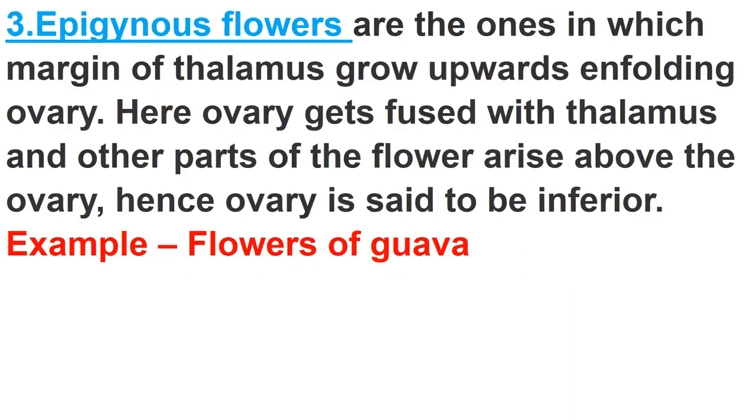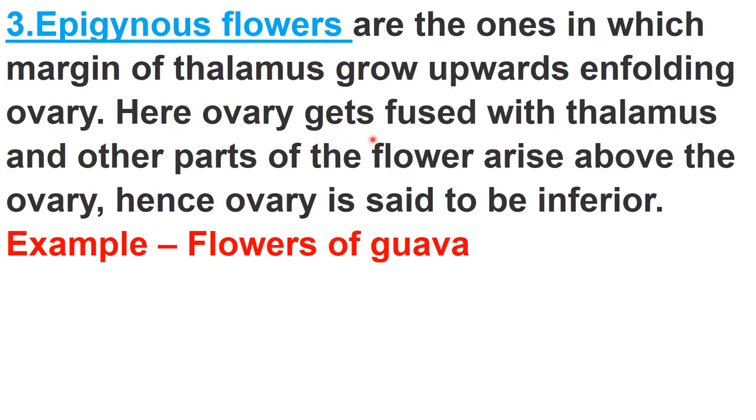Next type of flowers are epigynous flowers, and these are the flowers in which margin of thalamus grows upwards, okay, margins of the thalamus on both sides of the thalamus grow upwards, enfolding the ovary, okay. When both sides of the thalamus, or you can say margins of the thalamus, grow upward and cover the ovary completely, okay, or you can say enfold the ovary. Here ovary gets fused with thalamus and other parts of the flower arise above the ovary, okay.